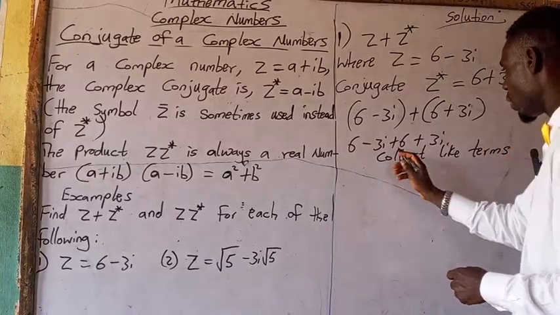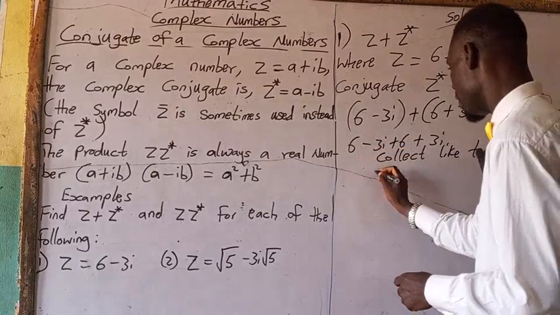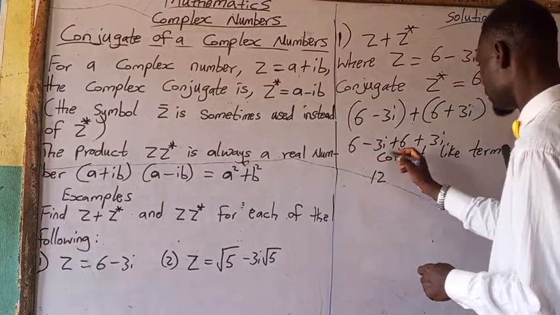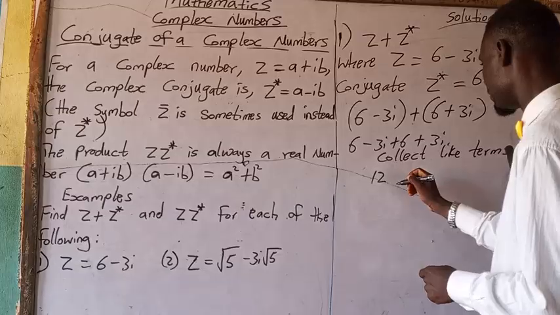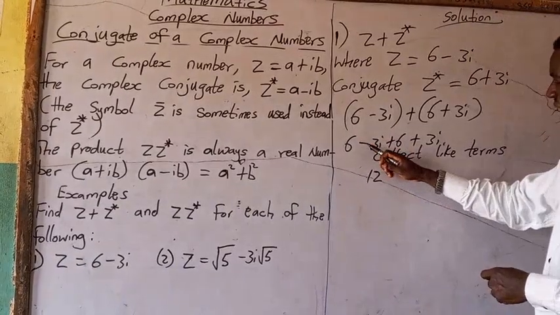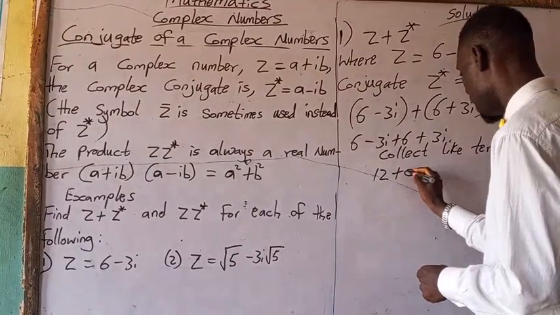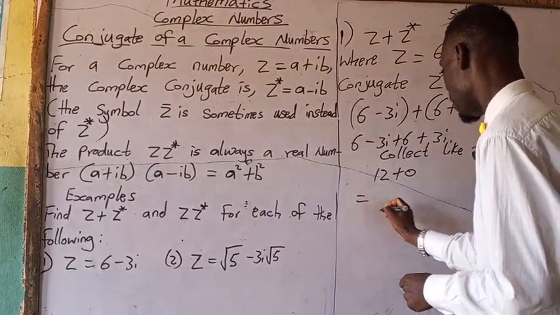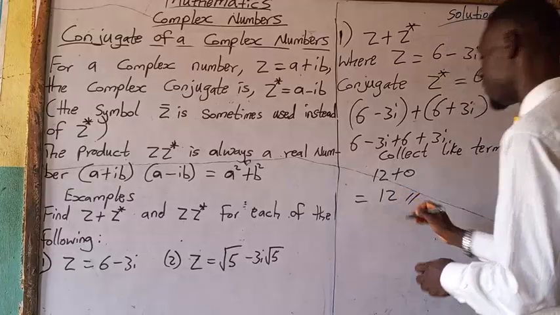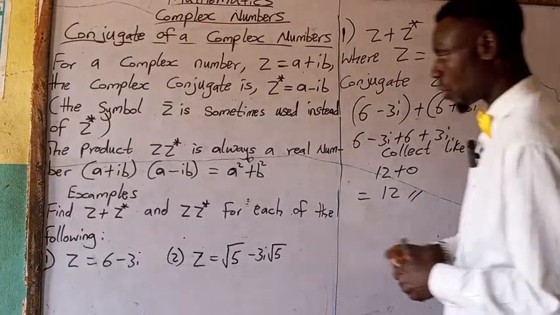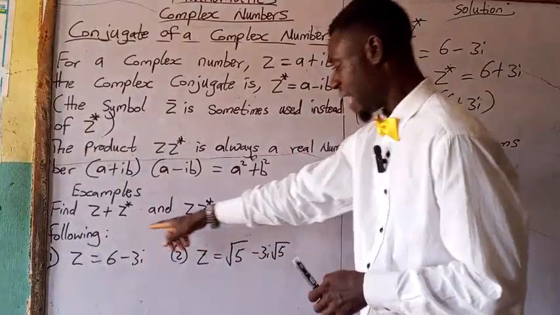When you collect like terms, you observe this plus this will give us 12. That is 6 plus 6 will give us 12. If you check, minus 3i plus 3i will give us plus 0. So automatically our final answer is just 12. We are able to solve for the first one. Now that is for the addition.